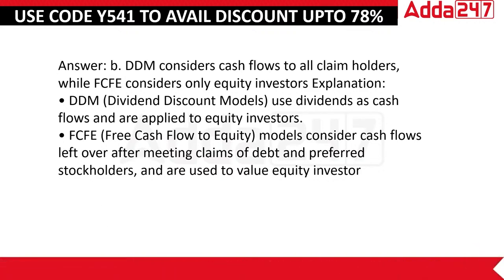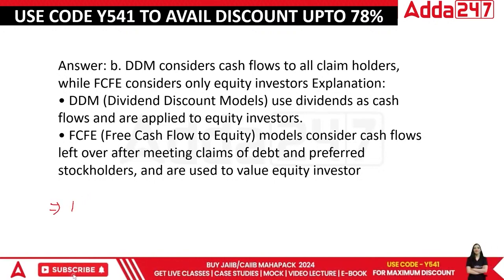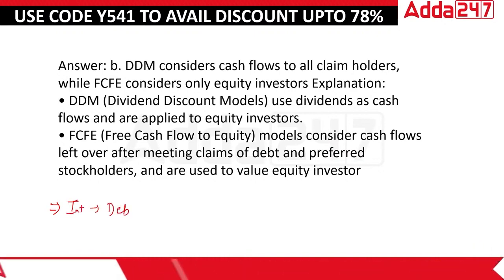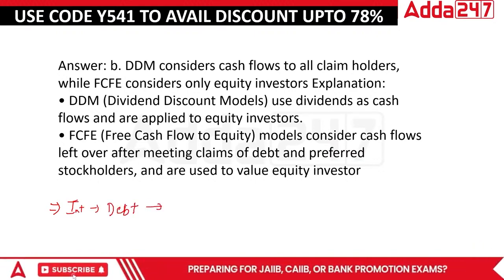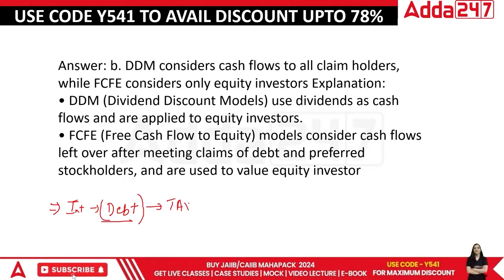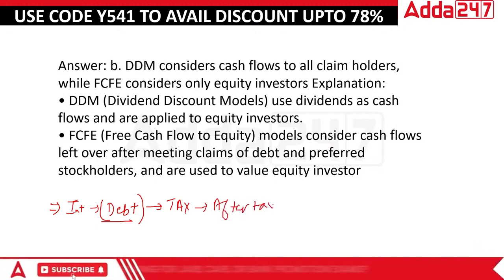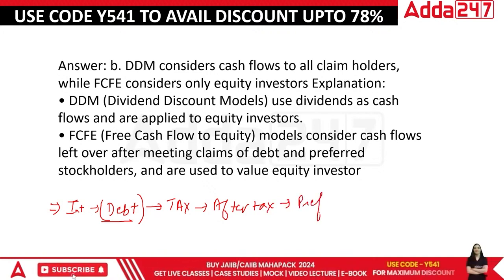The sequence is, first of all we pay interest, then we pay off our debts. This is for the debt, debt interest, then we pay the tax, then after tax whatever is left, we pay to the preference shareholders as promised.